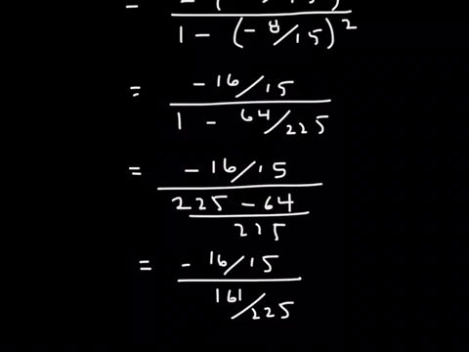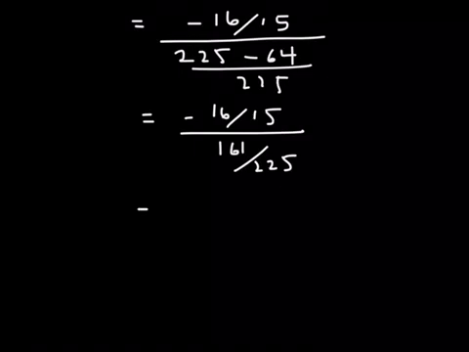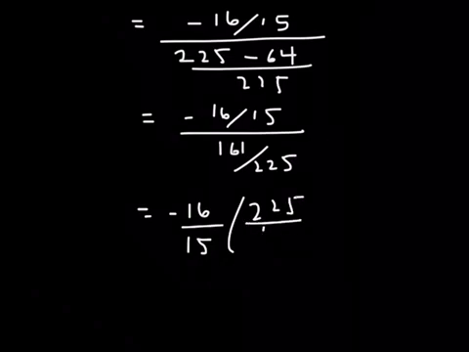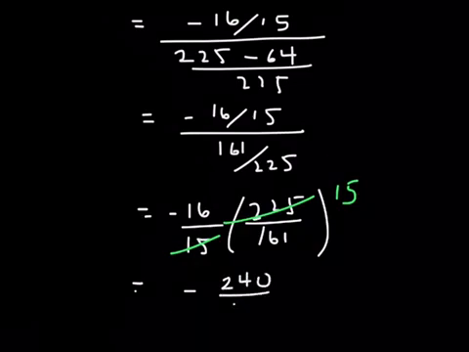Okay, so then our final answer will be negative 16/15 times 225/161. Okay, 15 goes into 225 15 times. And so our final answer will be negative 16 times 15, so this is negative 240/161.